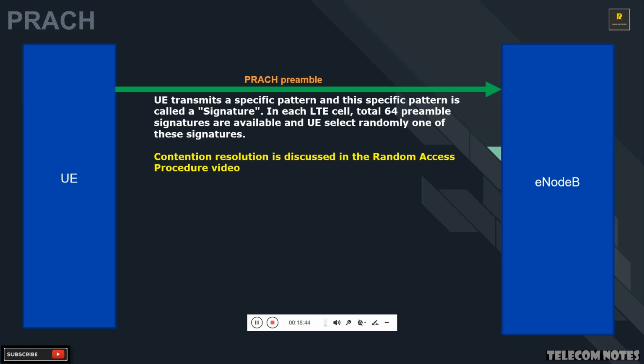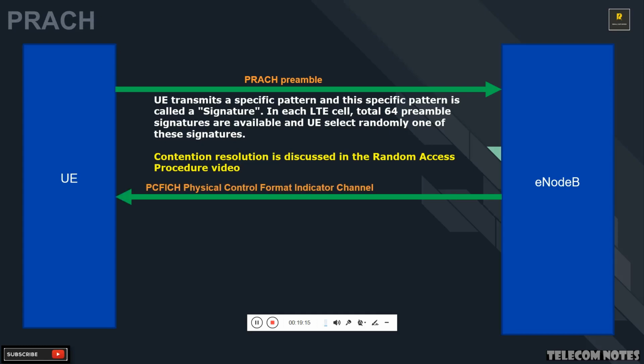So out of the 64 preambles, it randomly picks any preamble and asks the network to get a dedicated resource. The random access procedure as well as the contention resolution we'll discuss in that particular video of random access procedure.